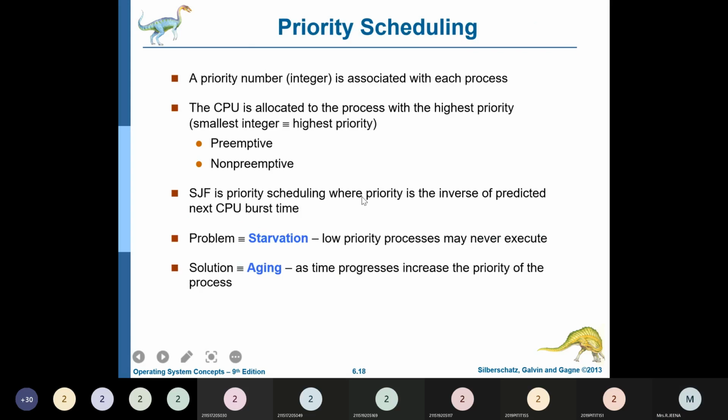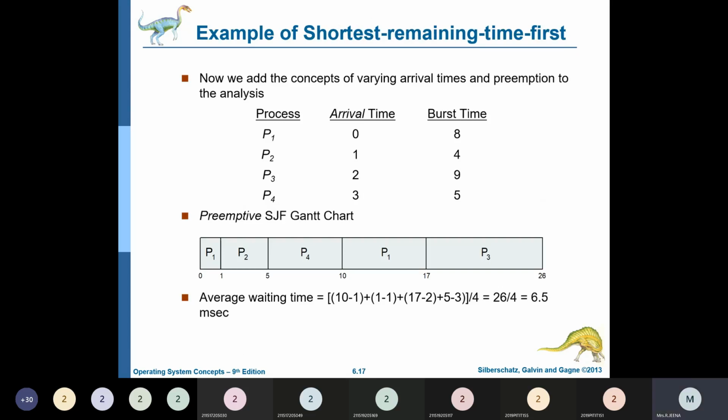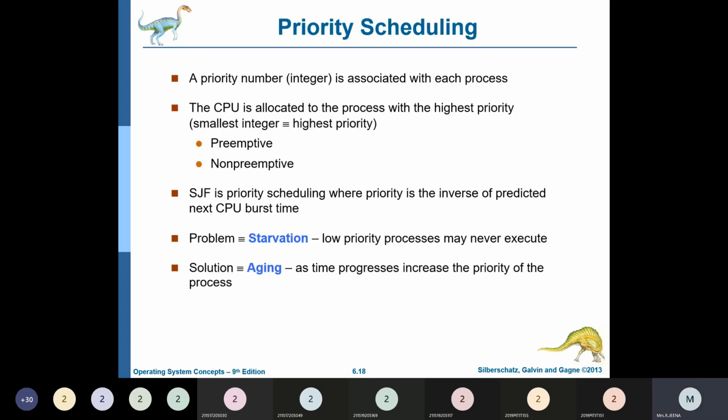So next comes priority scheduling. What is this priority? What is meant by priority scheduling is that in a particular order, some processes will be given high priority and some will be given low priority.